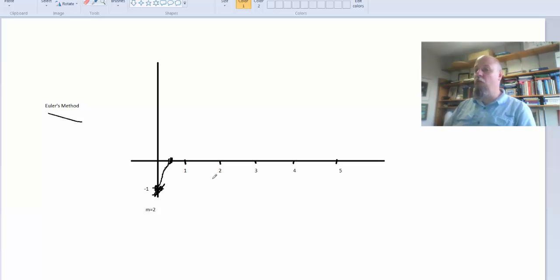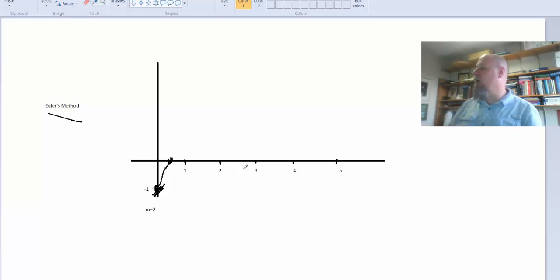Now, I get to choose that. Why would I choose a small step value? Well, if I choose a small step value, then my answers will be more accurate. In other words, the points that I generate using Euler's method will be closer to the real points of the actual solution. That's good. But the disadvantage of choosing a small h value, a small step size, is that if I take small steps, it takes me a long time to get somewhere.